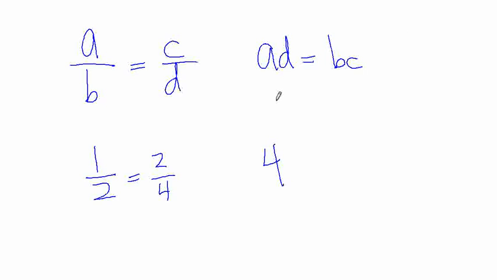So in this example, A is 1, B is 2, C is 2, and D is 4. So A times D is 1 times 4, and B times C is 2 times 2, and so it checks out. So let this pattern be your guide to solve some tricky proportion problems.